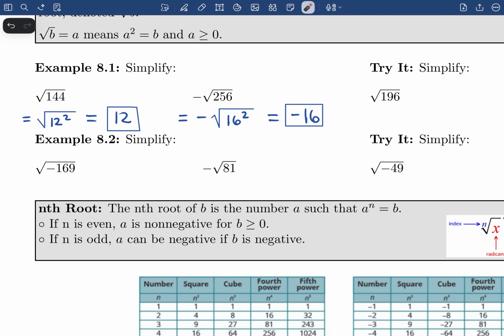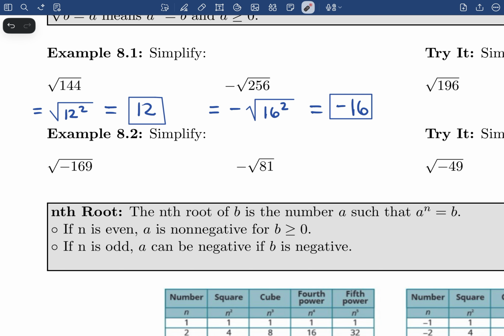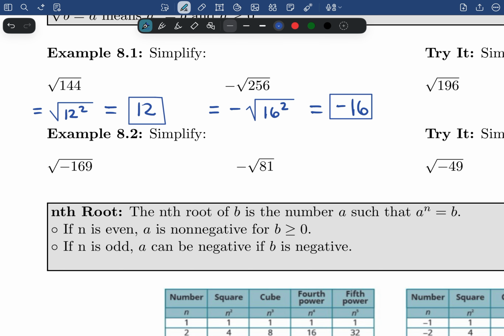All right. What if I'm asked to simplify the square root of negative 169? Now, there will be alarms going off in your brain because the negative is now inside the square root with the value. If the negative sign is inside the square root with the value, then the answer is there's no real solution.